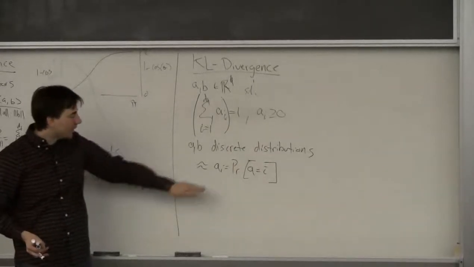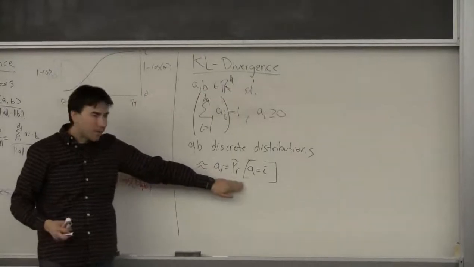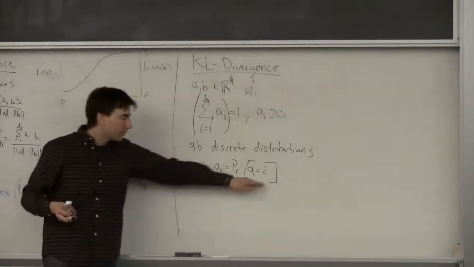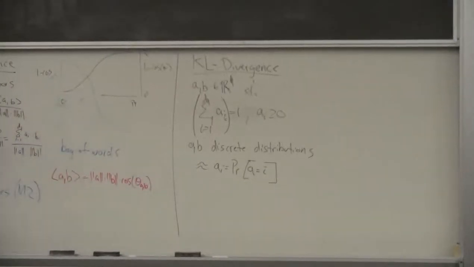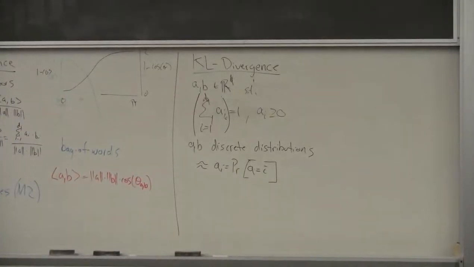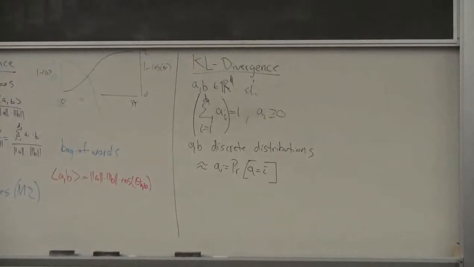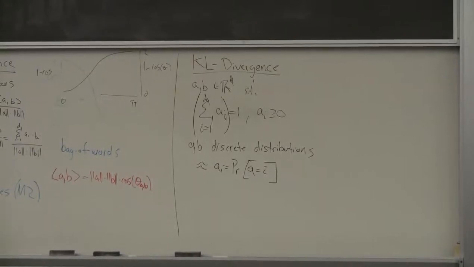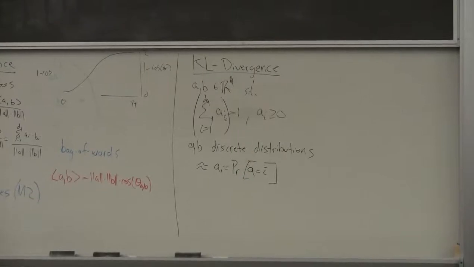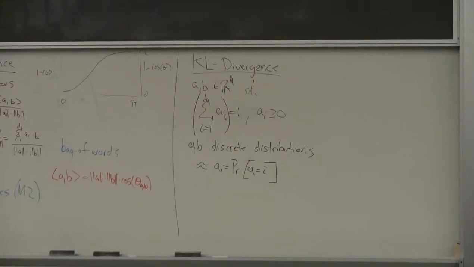That means that A_i describes the probability that some object has the value i. That's how you can think of this. So that's another way of why the L1 distance might make sense here. People use the L2 distance to say the difference between probability distributions as well. Maybe the L1 makes more sense, but actually you can use this KL divergence instead, and it's meant for these kinds of discrete probability distributions.